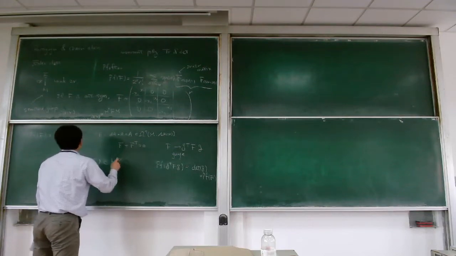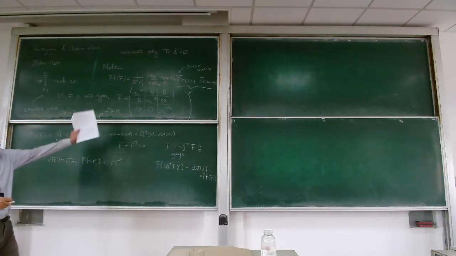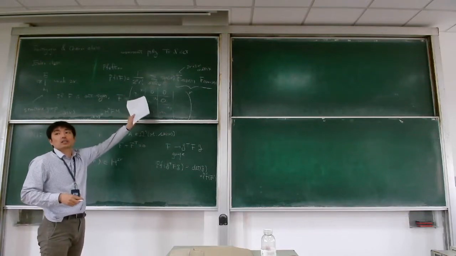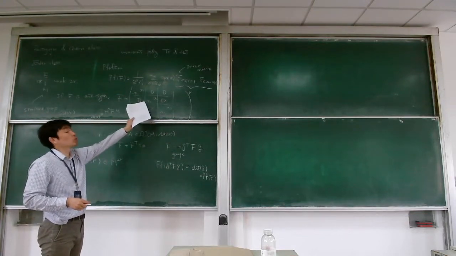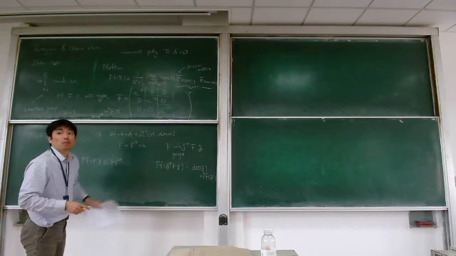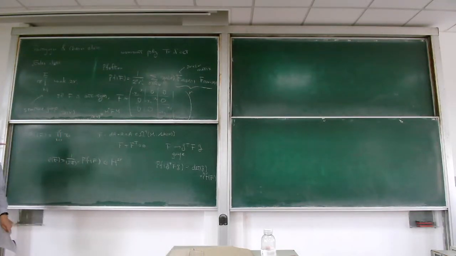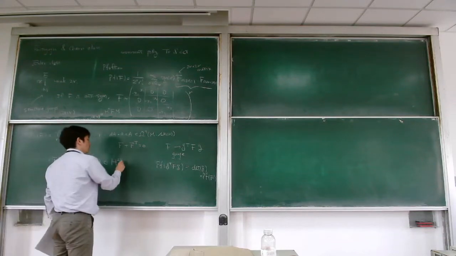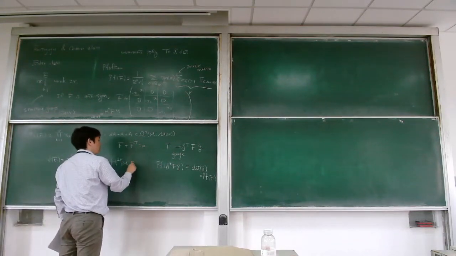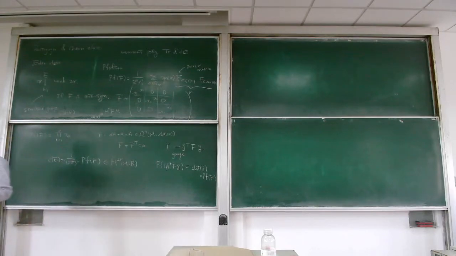Since each x can be understood as a two-form, and this product can be understood as just the wedge product, this sits in the de Rham cohomology H^{2R}.